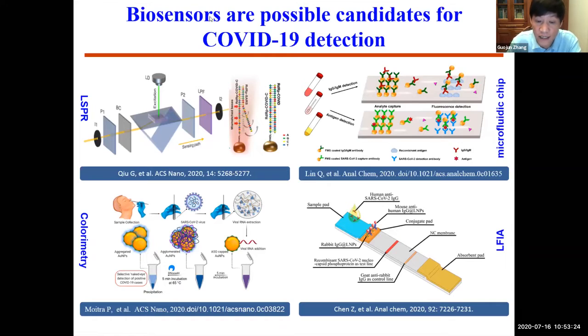The next one establishes a portable microfluidic immunoassay system for multiple and on-site detection of IgG, IgM, and antigen of coronavirus simultaneously. This integrated method was successfully applied for detecting 26 patients with COVID-19 infection. The third example reports a colorimetric assay based on gold nanoparticles.